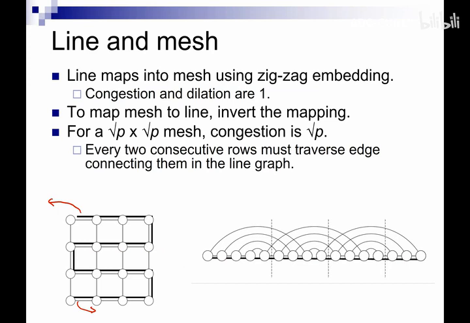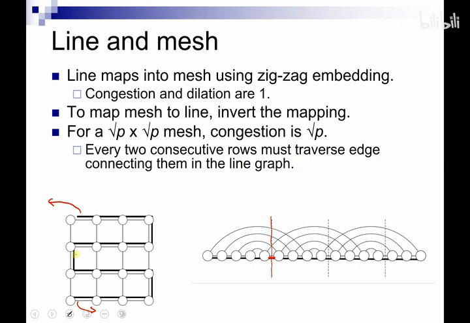Now you can look at the congestion of the mapping once you do the stretching. Basically, the congestion I claim is going to be root p. The reason is that the congestion is given by, if you look at an edge of the line, how many edges from the mesh are going to cross that single edge from the line? If you look at this figure over here, you can see that it's going to be root p.